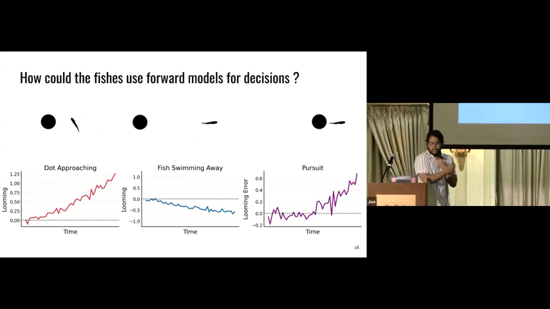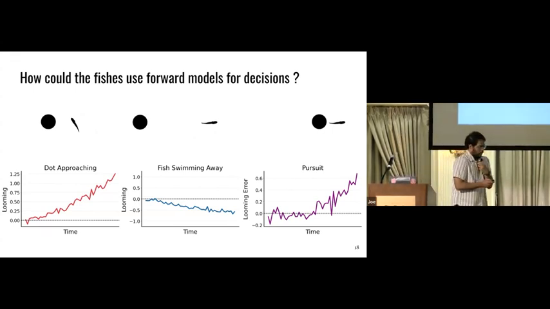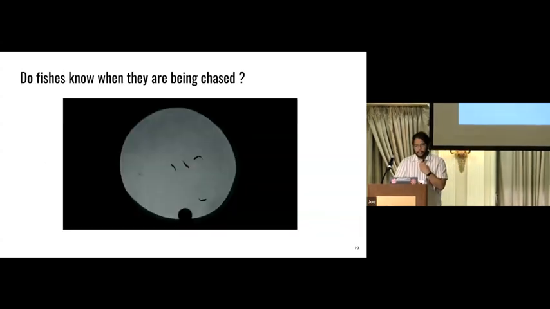Again, let me be clear, it's a lot of things on this slide, but the takeaway that I want you to understand here is maybe they're using this discrepancy between the sensory feedback they expect and the sensory feedback they get. Again, I'm not claiming that this is the exact model they're using. This is just as an example.